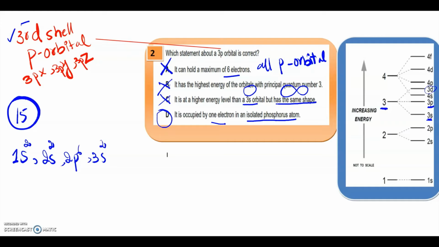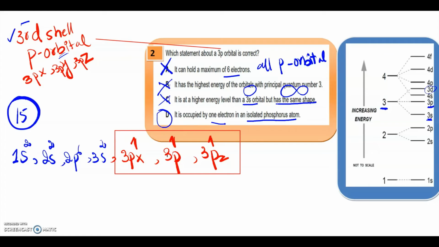We are talking specifically about p orbitals, so we need to write their orbitals: 3px 1, 3py 1, 3pz 1. So you can see that its 3p orbitals contain 1 electron each in an isolated phosphorus atom. So D option is the correct option.